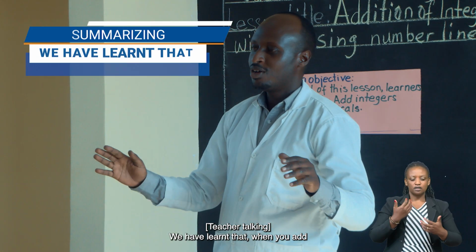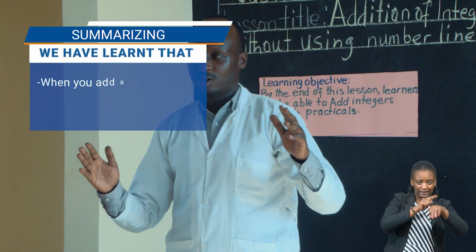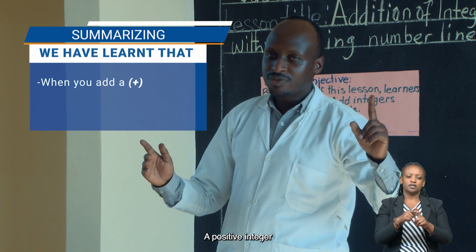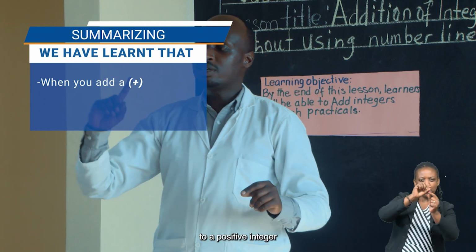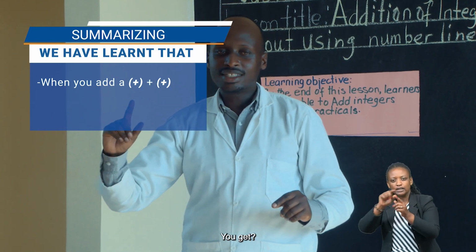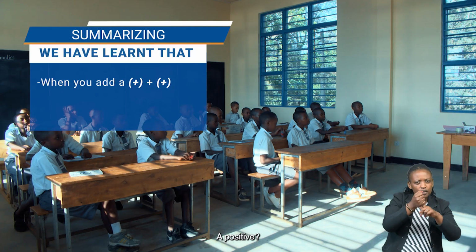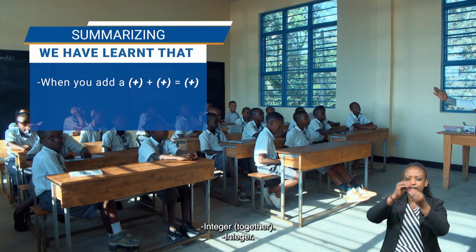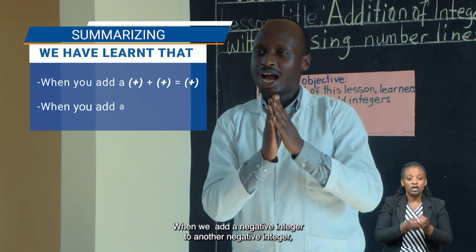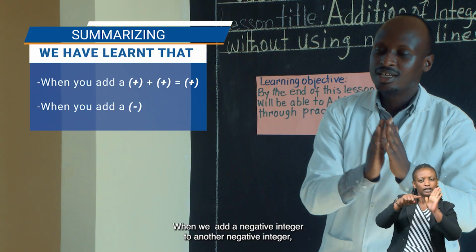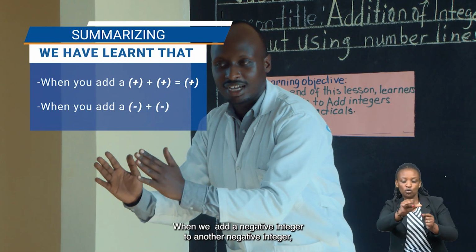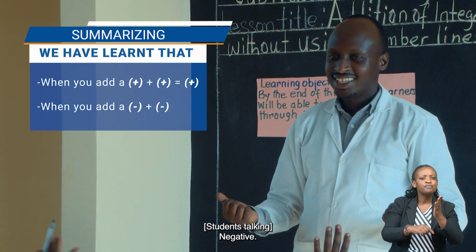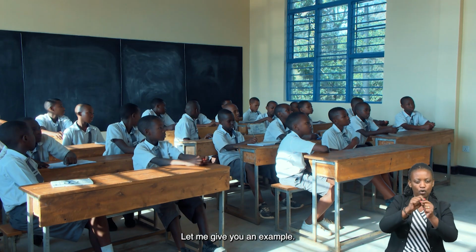We have learned that when you add a positive integer to a positive integer, you get a positive integer. Very good. When we add a negative integer to another negative integer, what do you get? Negative integer. Let me give you an example.